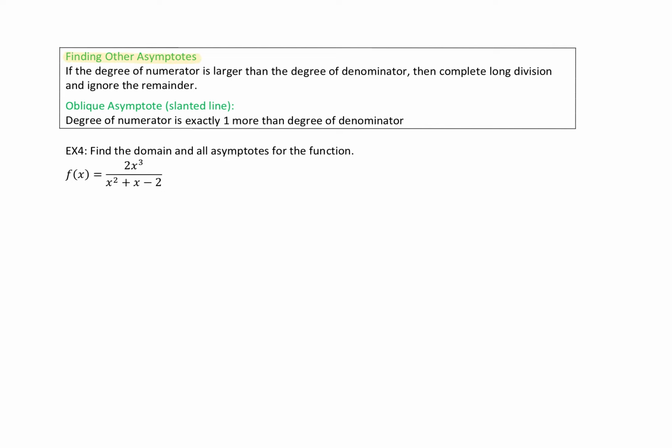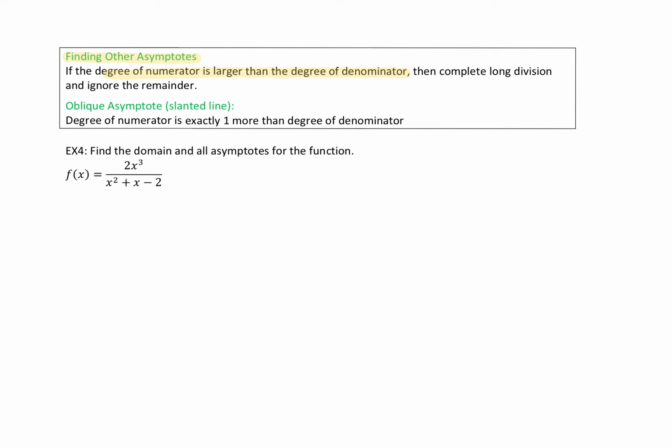Basically, what you're doing is you're looking at the degree of the numerator and the denominator. If the degree of the numerator is larger than the degree of the denominator, so that would be similar to what we had in our last example, Example 3, we had an x to the third, and then in the denominator, x squared was the largest.